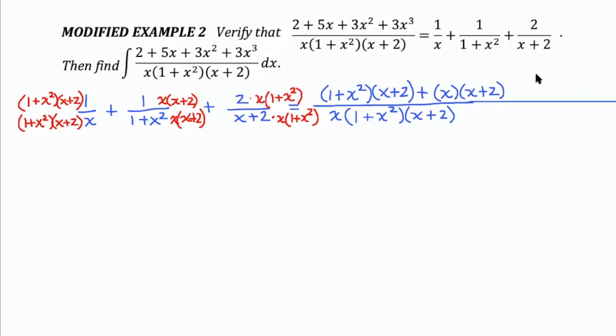And the last part I have lined up next to each other, a 2 times an x times a 1 plus x squared. So I'm just going to do that. 2 times x times a 1 plus x squared. All right, now it's time for the algebra fun. So we're going to need to use FOIL, again, double distribution, to multiply the first two binomials together.